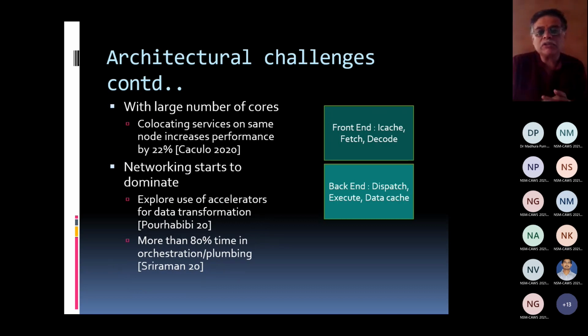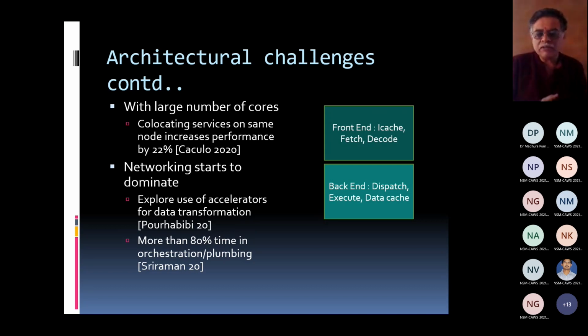Another solution we are starting to see is that as we increase the number of cores, we have the opportunity to co-locate some of the microservices on the same machine itself. Typically, service A would run on machine 1, service B would run on machine 2.